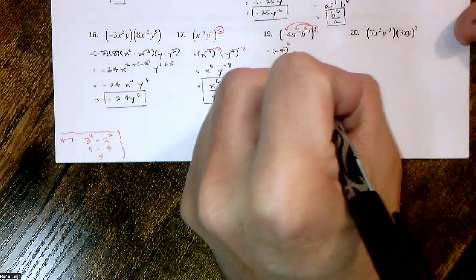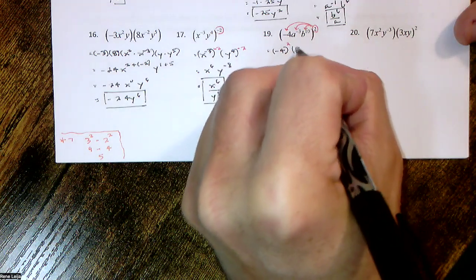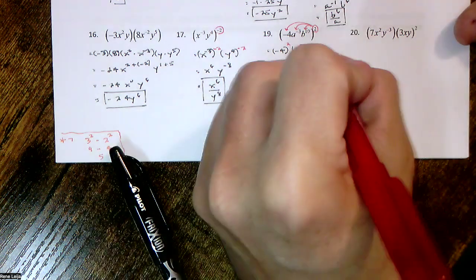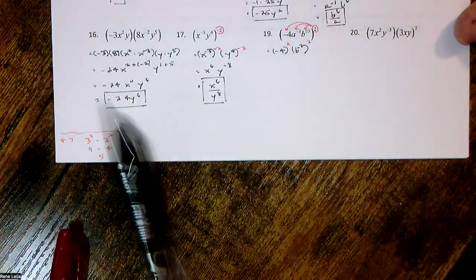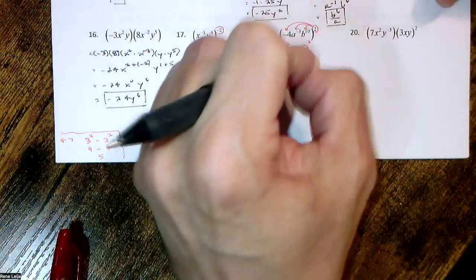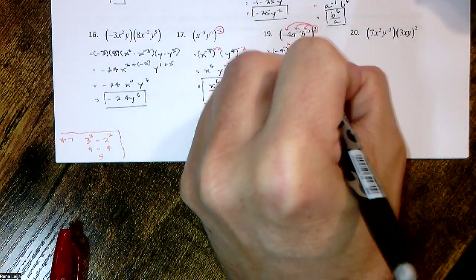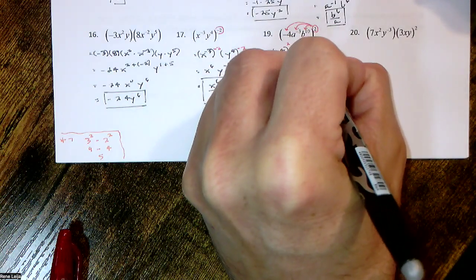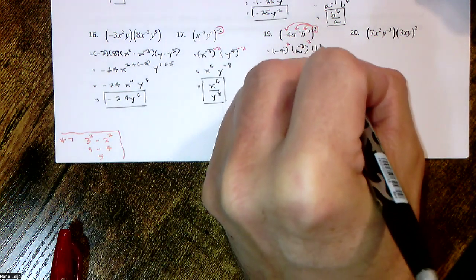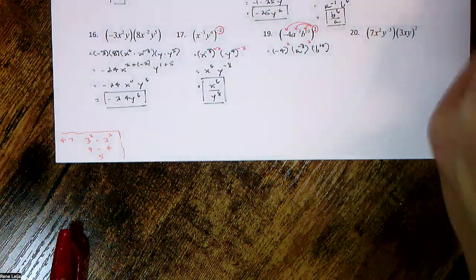We have a b to the negative 3 power that we're going to square. And then we have an a, oh, I'm sorry, that's an a. So an a to the negative 3 power that we're going to square. And then we have a b to the 10th that we're going to square.